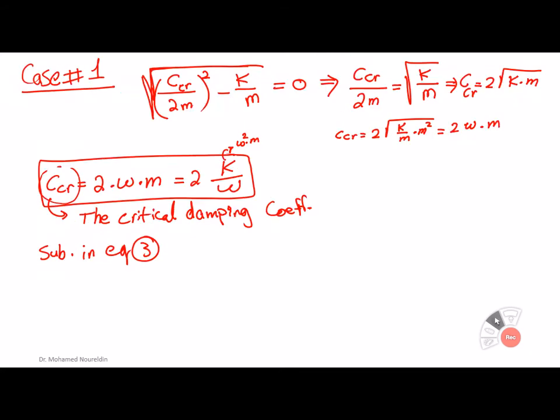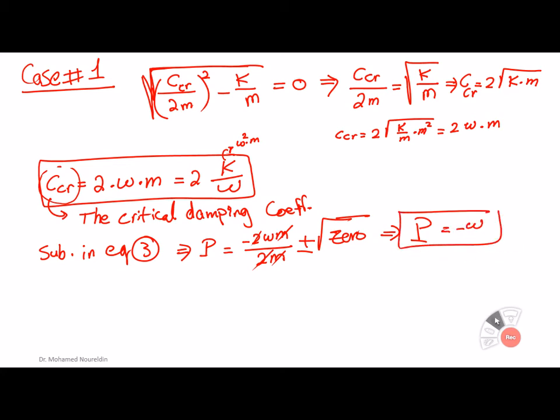So in this case, we are going to have only 1 root, it is going to be minus 2 omega m over 2m, plus or minus the square root of whatever here is going to be 0, right? In this case, m cancels out with this, 2 with 2. This means that p is going to be minus omega.